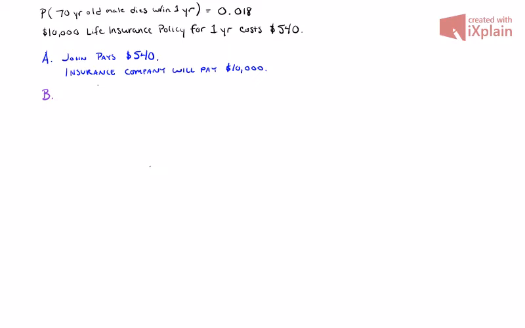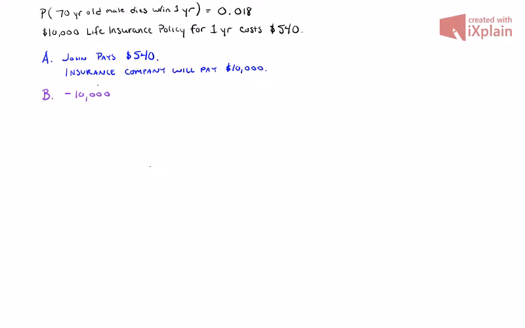If John dies this year, how much money will the company lose on this policy? So losing in this case is a little bit different than what they're actually paying. What we want to note here is that yes, the company did lose, I guess, $10,000, or they paid out $10,000.